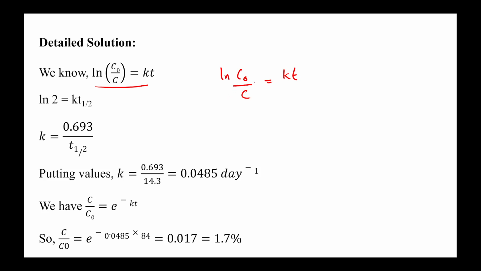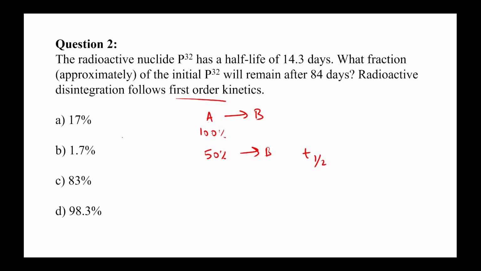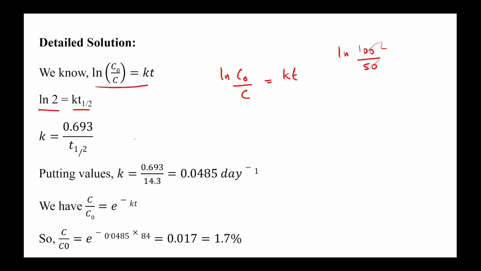So if the initial concentration is 100, then the final concentration will be 50, right? In this way, the log C0 by C will become log 2, natural log 2, and this is equal to k T half. So half-life is already given in the question as 14.3 days.